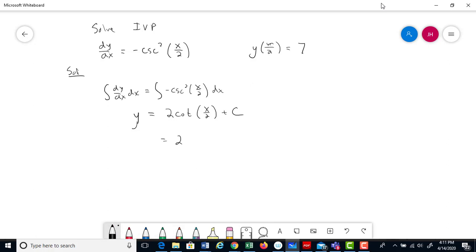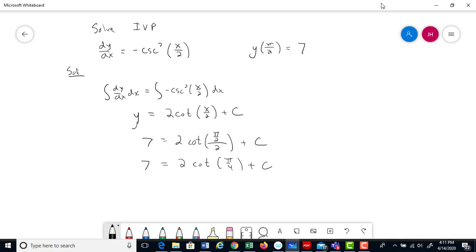So I'm going to plug in pi over 2 into the x value, and this is going to be 2 times the cotangent of pi over 4 plus c, and that gives you 7.